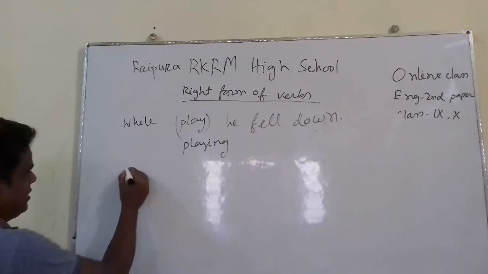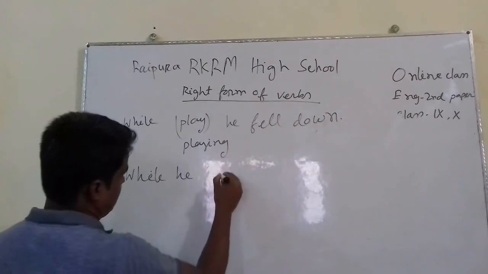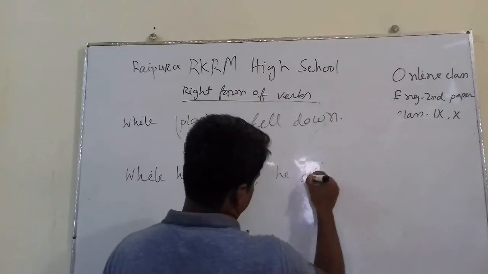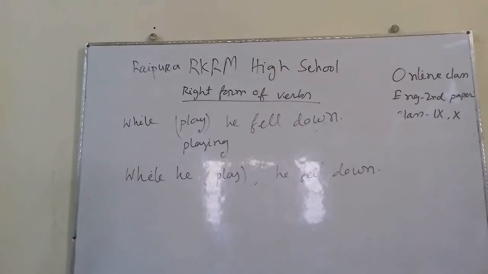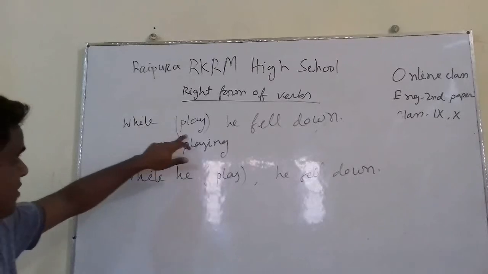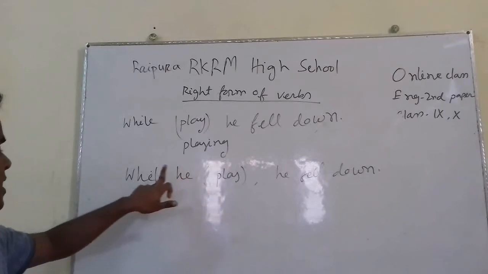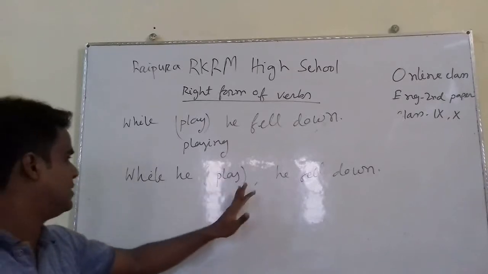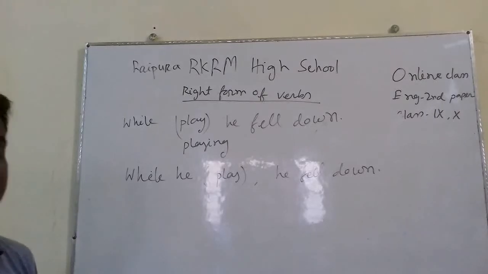And there is another rule regarding "while". Look at this sentence also. Here we have also used "while", but the difference is that here the verb is right after "while", and here there is first a subject, then a verb. If this happens, "while", then subject, then verb, then we will use past continuous tense.